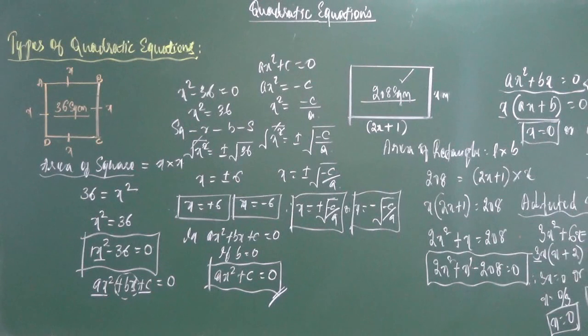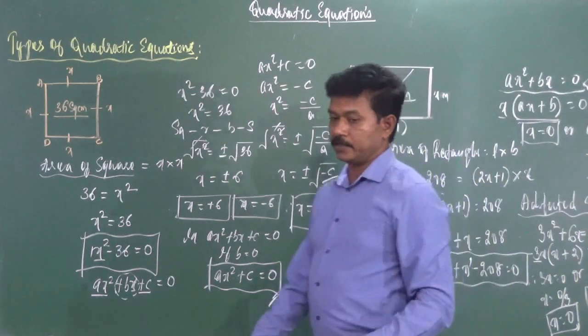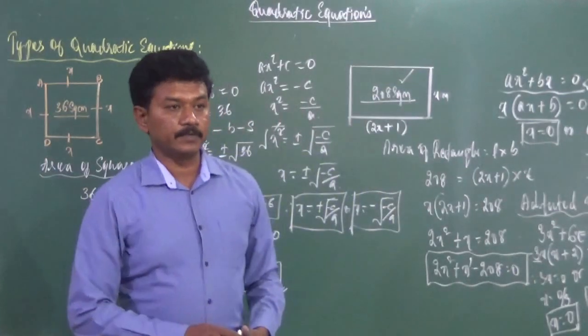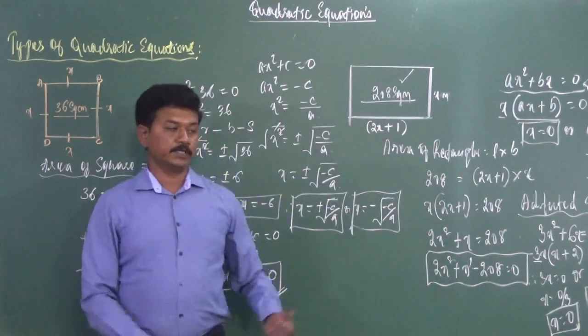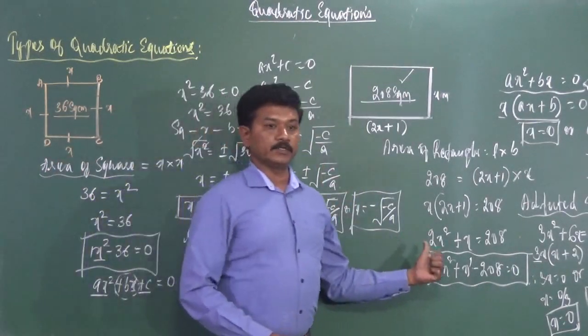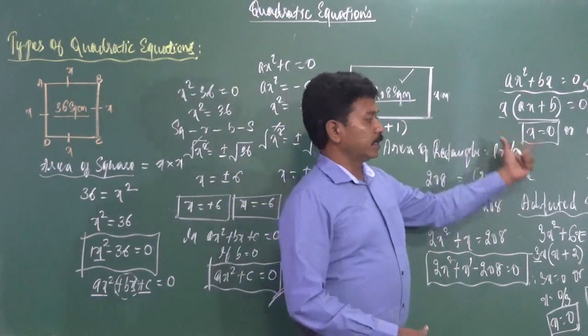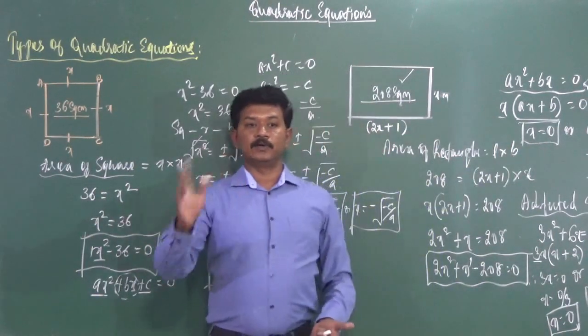When I take common, I find that among the two roots, one of the roots is compulsorily 0. The other root is in the form of minus b by a, that is this one. Right? So in front of you, you have three types of quadratic equations. One is the pure quadratic equation, another is the affected quadratic equation, and another is a quadratic equation where c is equal to 0.